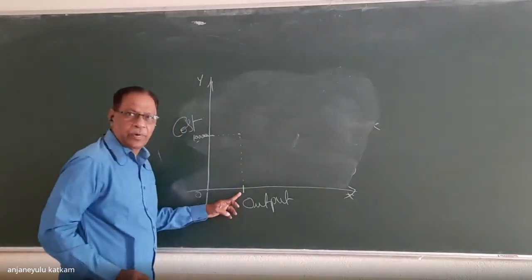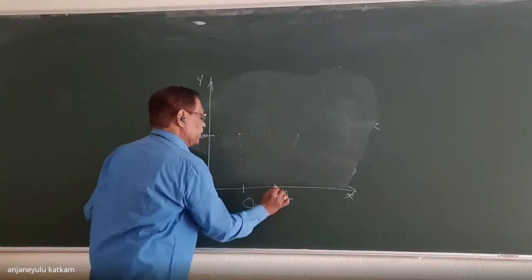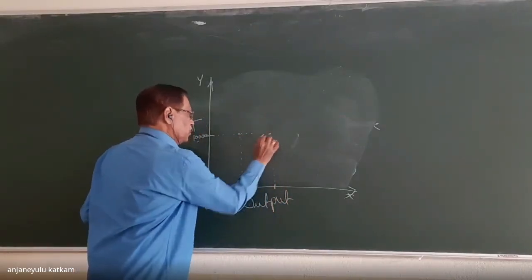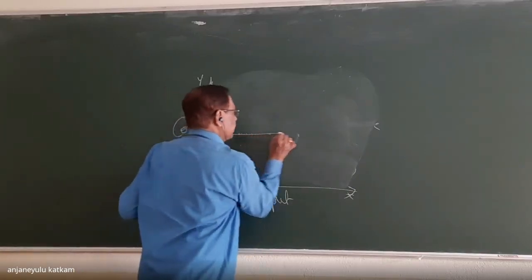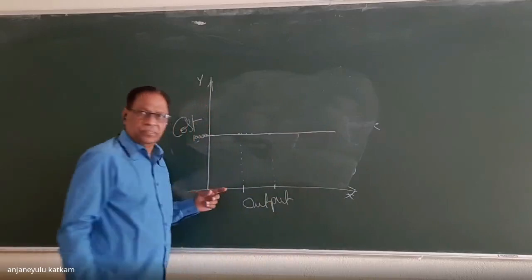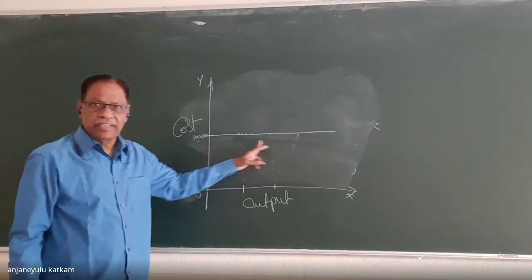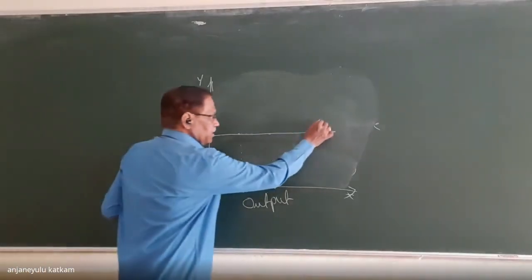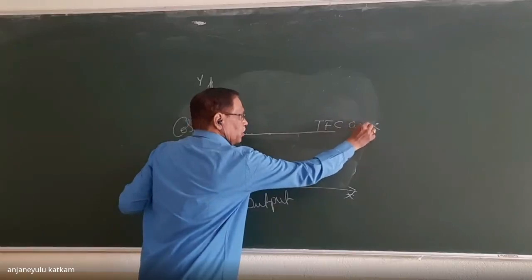If the production increases to 200 also, the same amount of fixed cost will be there. So the fixed cost is the same, that's why it will become a horizontal line. The fixed cost curve is like a horizontal line. We can call this the TFC curve, that is the total fixed cost curve.